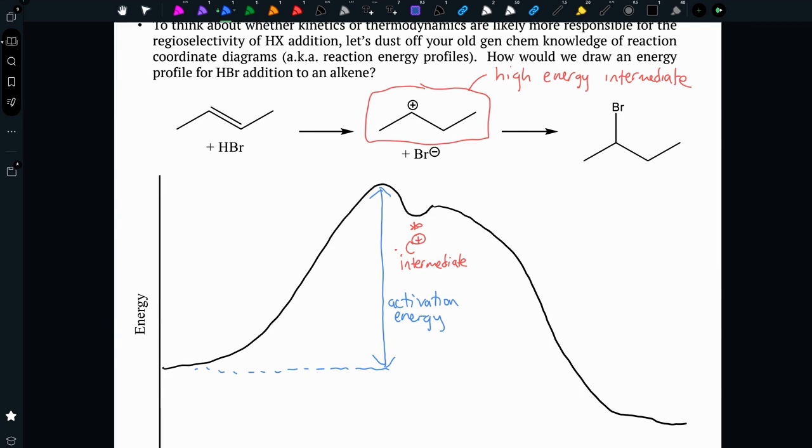If the carbocation is super high in energy, that hill is going to be super tall and really slow this reaction down, because you may remember from general chemistry, only reactants that collide with enough energy to get all the way up that hill will actually successfully complete the reaction. And the higher that hill, the more unsuccessful collisions there will be between reactant molecules.